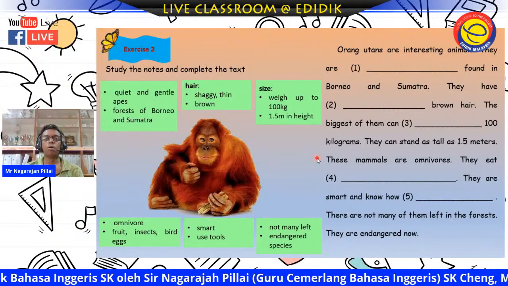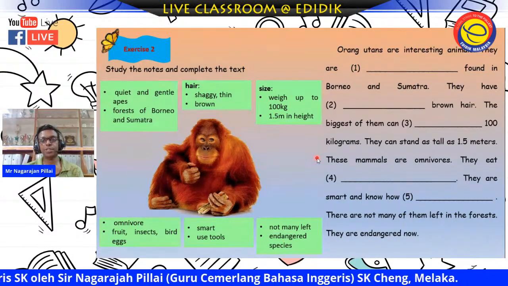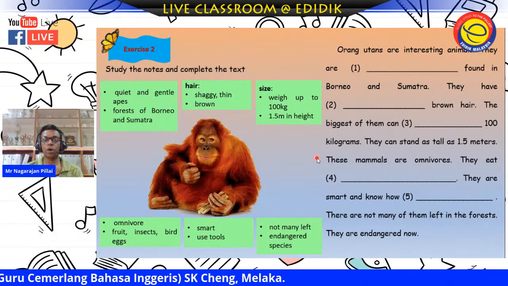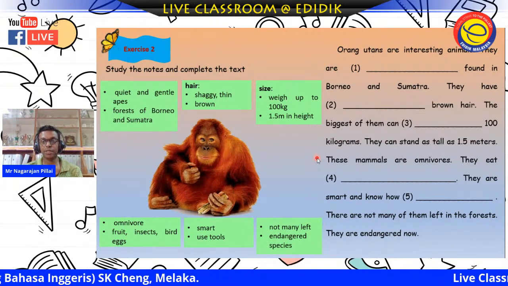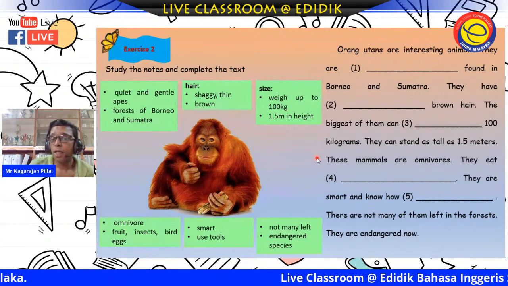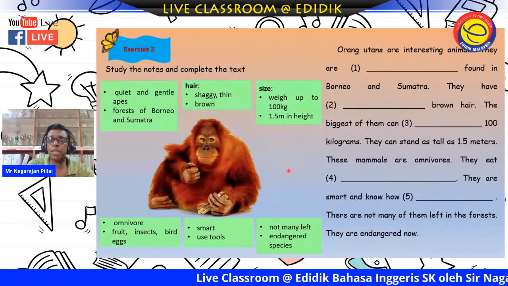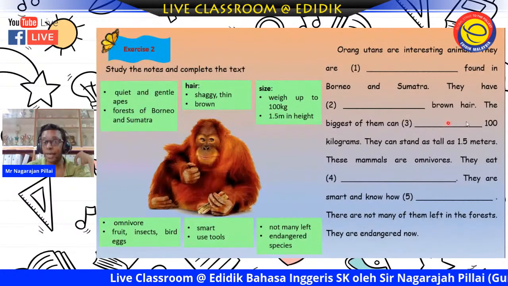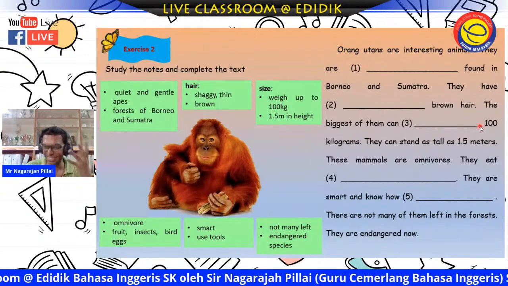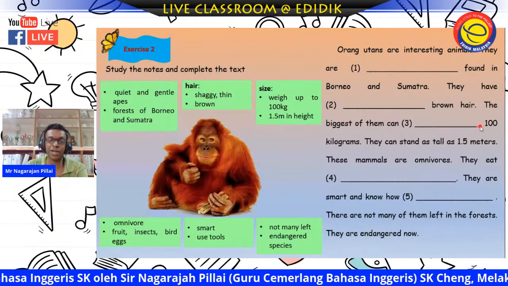Let's read. Orangutans are interesting animals. They are blank, found in Borneo and Sumatra. They have blank brown hair. The biggest of them can blank 100 kilograms. While reading, actually you can guess the answers, but please don't write.